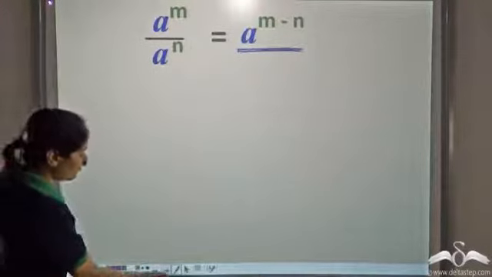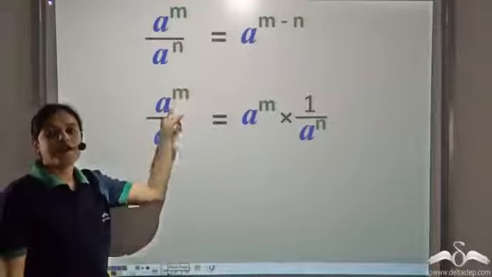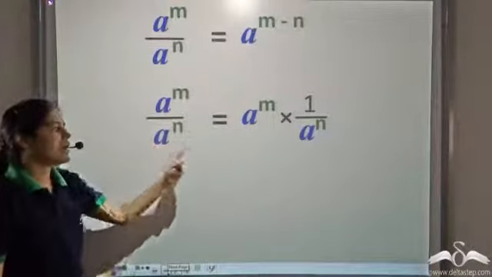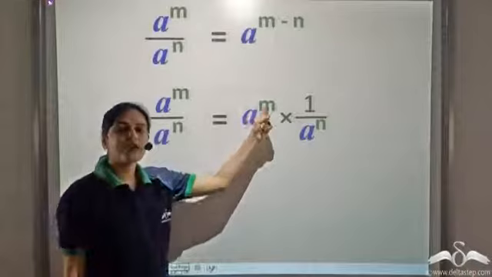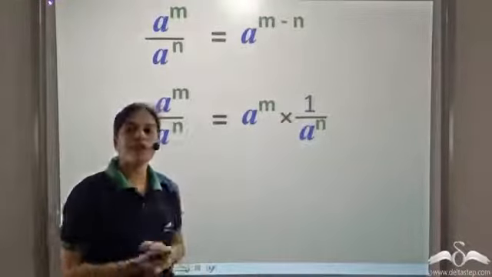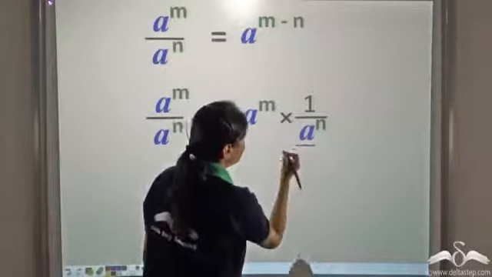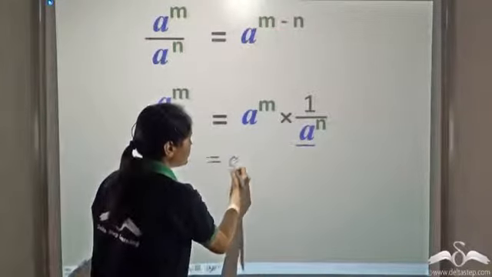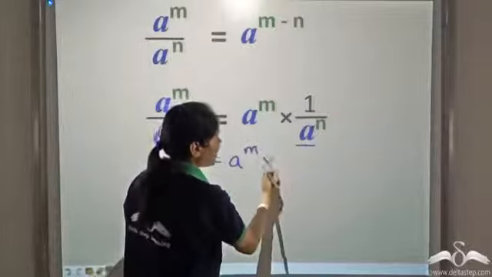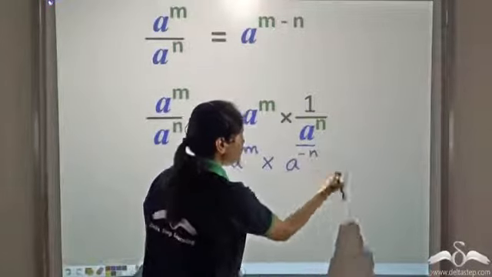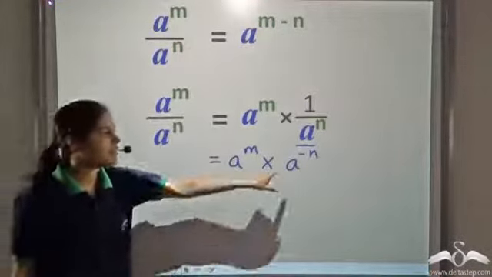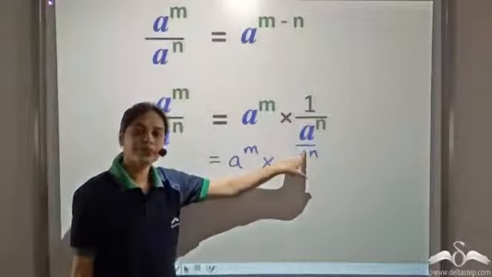Let us see how. a to the power m divided by a to the power n can be written as a to the power m into 1 by a to the power n. Now 1 by a to the power n can be written as a to the power negative n. We can write it in this manner.